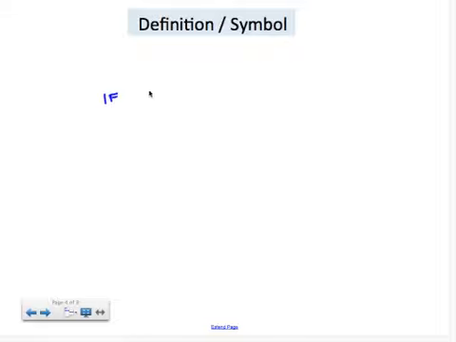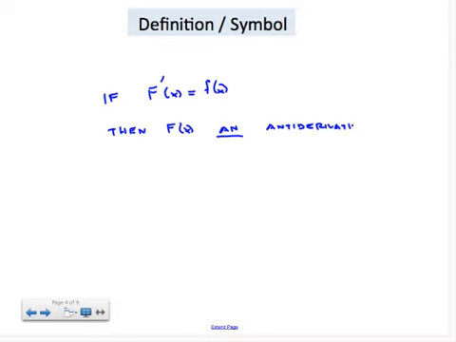If I have a function capital F and its derivative is lowercase f, okay, so they took the derivative of capital F and it got me to little f, then we call big F an, not the, an antiderivative of little f. So antiderivative is not a person who's against derivatives, right?